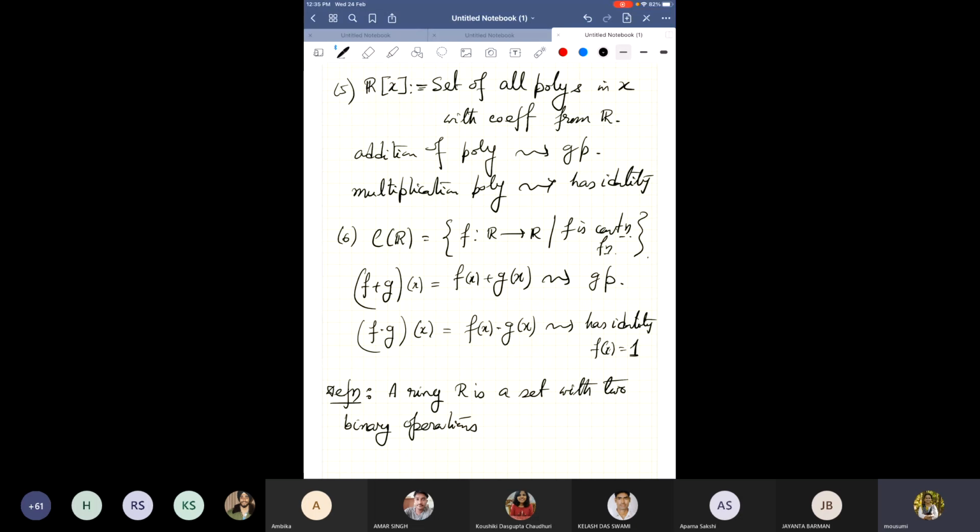I'm calling them addition, denoted by plus, and multiplication, denoted by dot, which satisfies the following conditions.